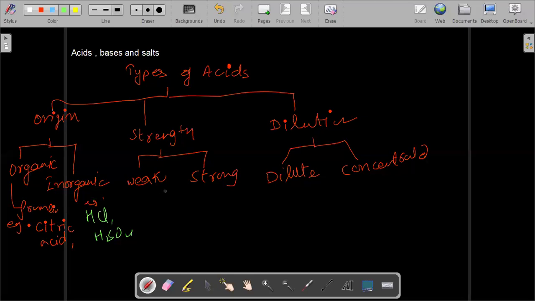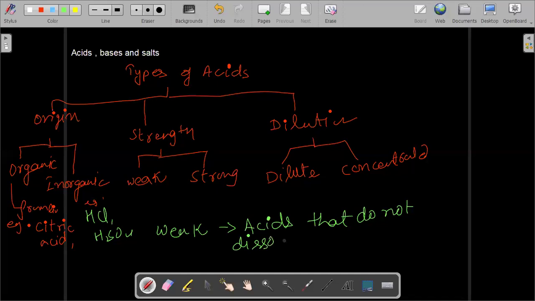They do not dissociate completely into their ions. So I'm writing here, weak acids are the acids that do not dissociate completely. They are called weak acids.